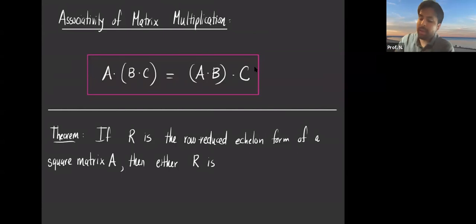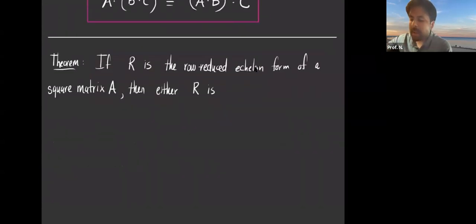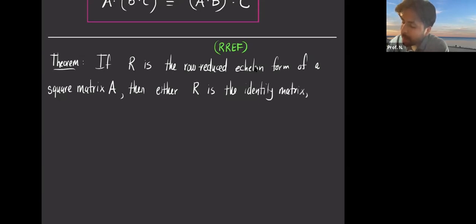So if you take a square matrix and you perform row operations, Gaussian elimination, so that you get the row reduced echelon form, RREF, then the row reduced echelon form can be one of two things. Either R is the identity matrix, which we denote by I, or it has at least one row of zeros.